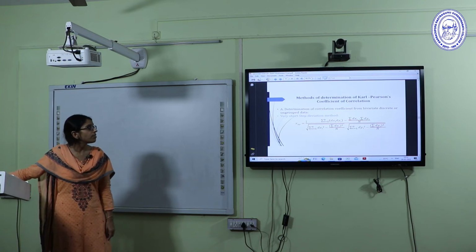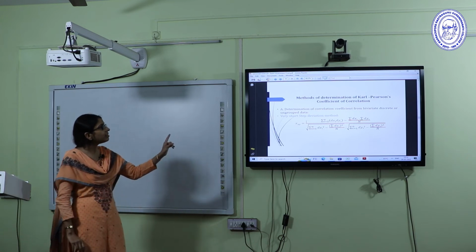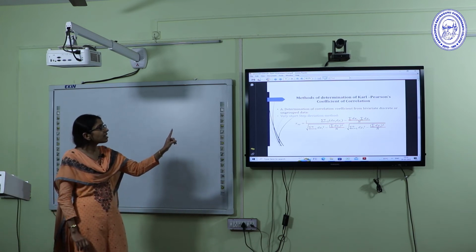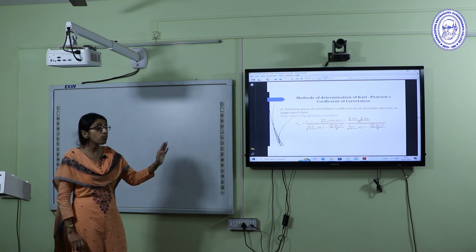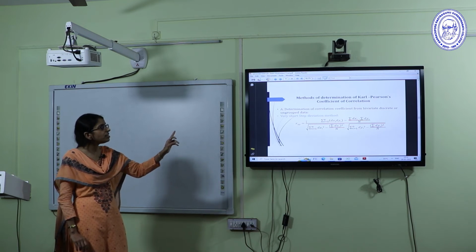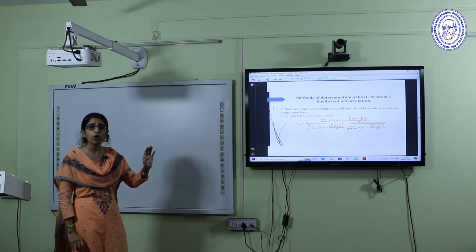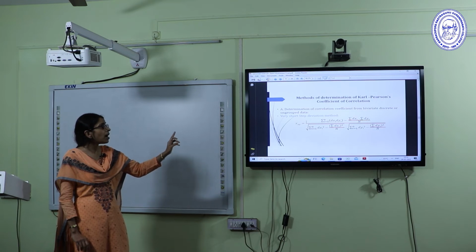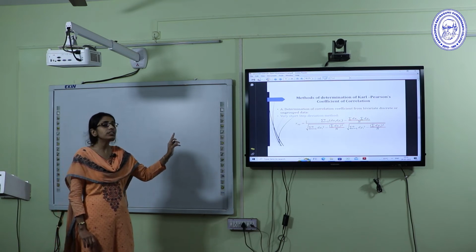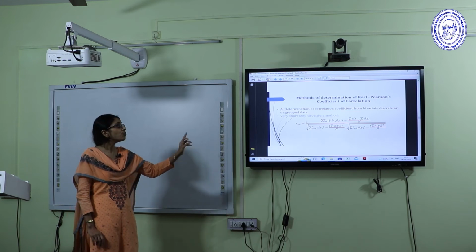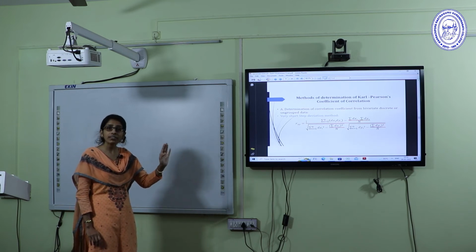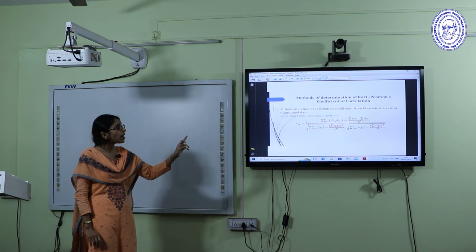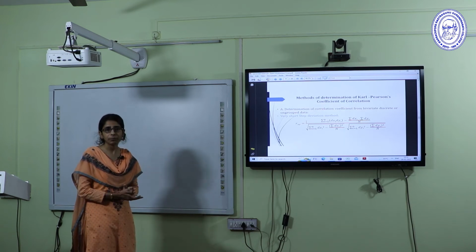Here Rxy equals summation of dxi into dyi minus summation dxi into summation dyi divided by the number of observations, that is n, divided by the square root of summation dxi square minus (summation dxi) whole square divided by n into summation dyi square minus (summation dyi) whole square divided by n.